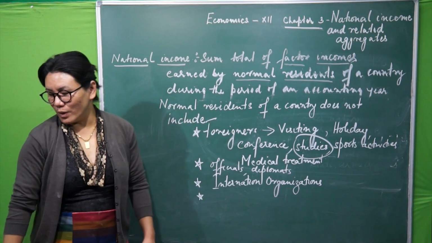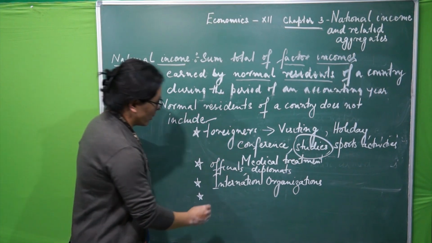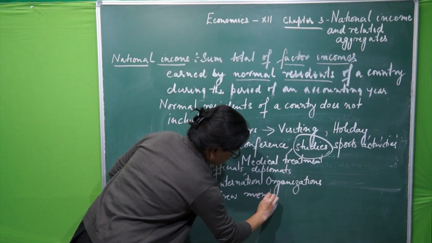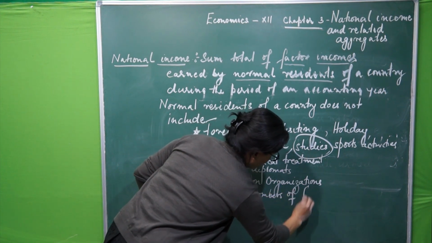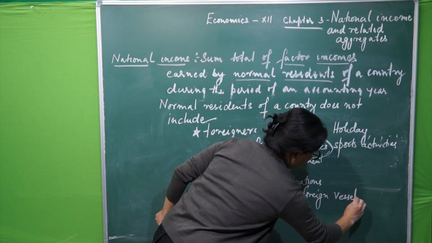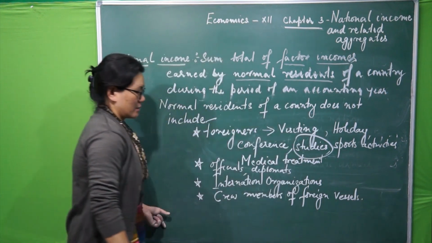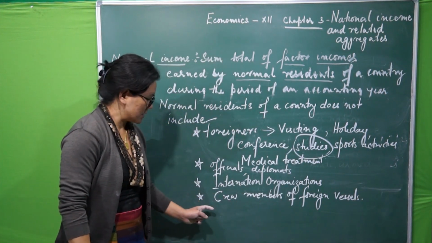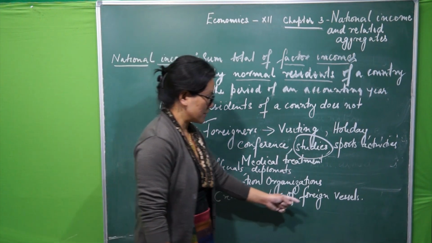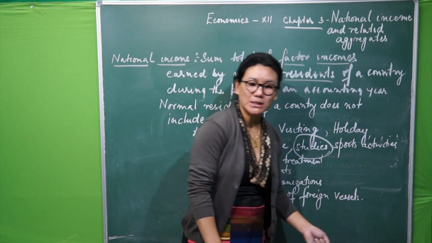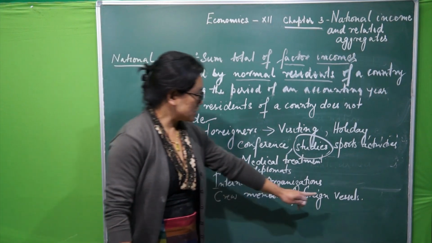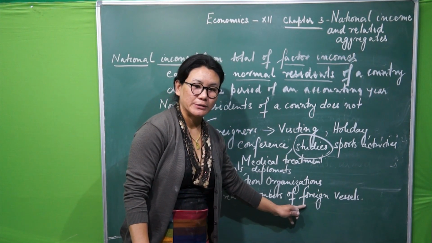And the fourth one will be crew members of foreign vessels. So again, crew members. Crew members are a group of people who work where? See, vessels. Vessels here refers to a large boat and it belongs to a foreign country, right?